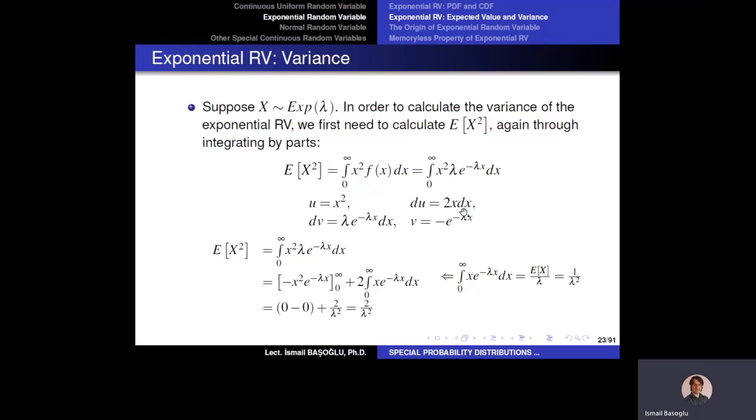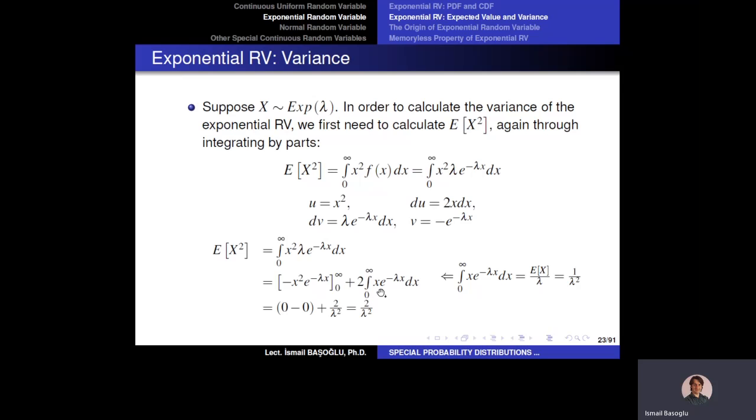And if you make the same operations, if you define du and v by looking at this, you are going to get this form to compute the integral. And in order to compute this form, you first calculate this part. Again, this is going to be 0. And here, there will be a 2 times integral from 0 to infinity x times e to the power minus lambda x. Okay? So you know, x times e to the power minus lambda x integrand.